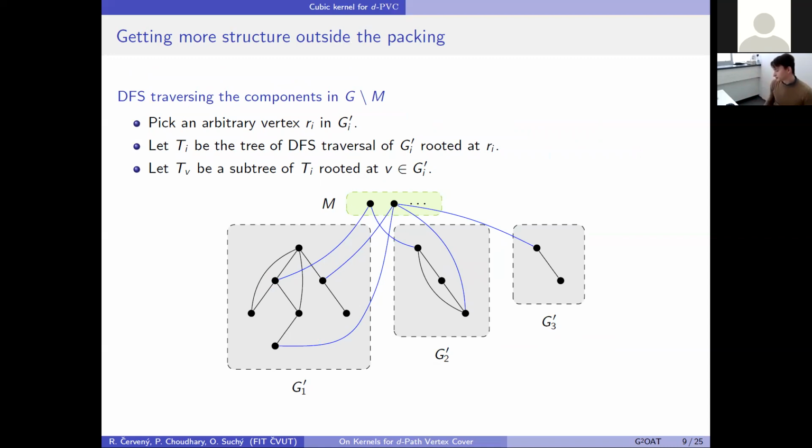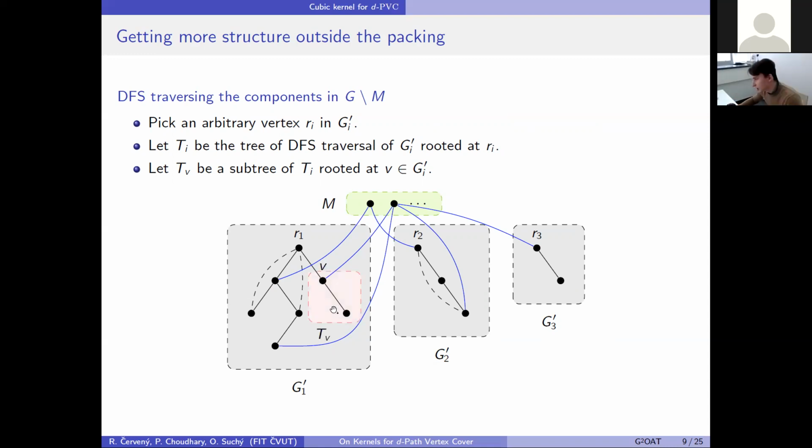Okay, so we need to get more structure outside the packing. So for each component outside the packing, we pick an arbitrary vertex as a root, and we run a DFS traversal of that component from that root, which will give us these tree structures. And since it is a DFS, the edges not in the tree will be only these back edges.